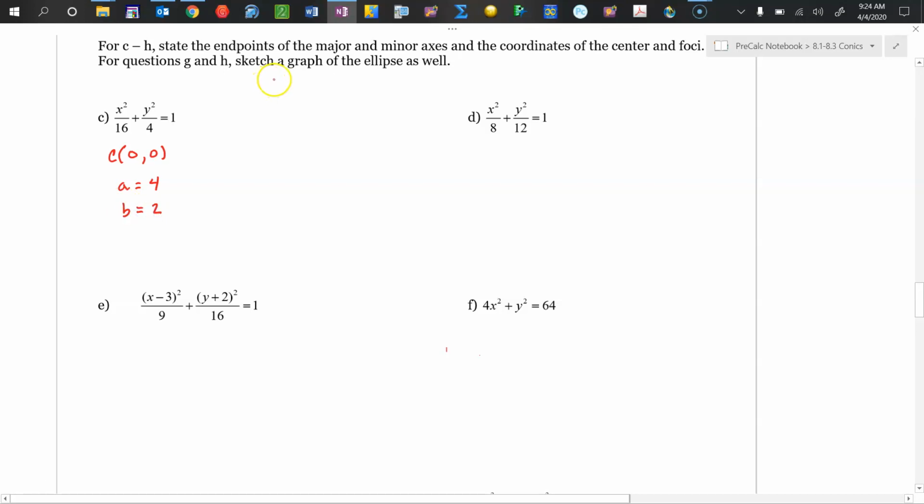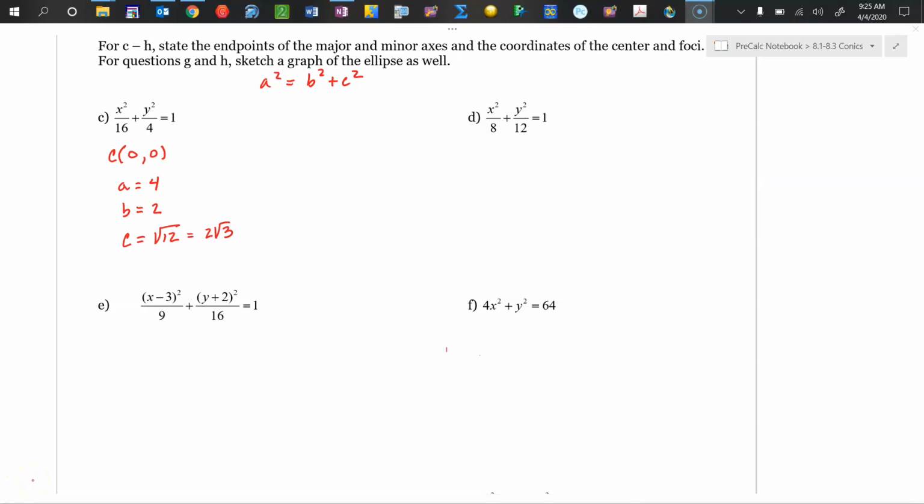I also know the relationship a squared is equal to b squared plus c squared, and c is the distance from the center to the focal points. So if we solve that relationship for c, we will have 16 is equal to 4 plus 12. So c squared is equal to 12, or c is equal to the square root of 12, which we can write as 2 root 3.